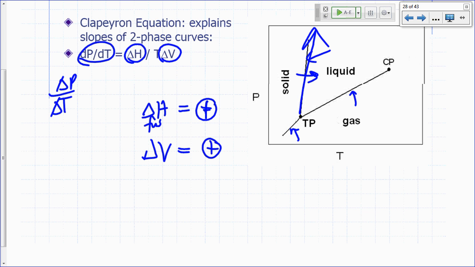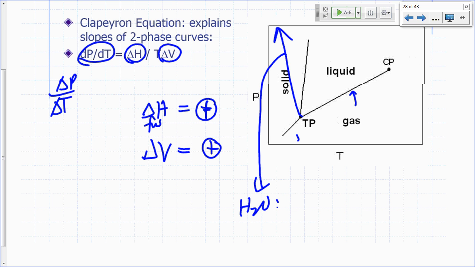Why is it leaning the other way for water? For water, it actually leans the other way. The slope for water, delta P over delta T, is negative. Why is that? The reason is delta H is still positive, but your delta V, what happens to ice when it melts?